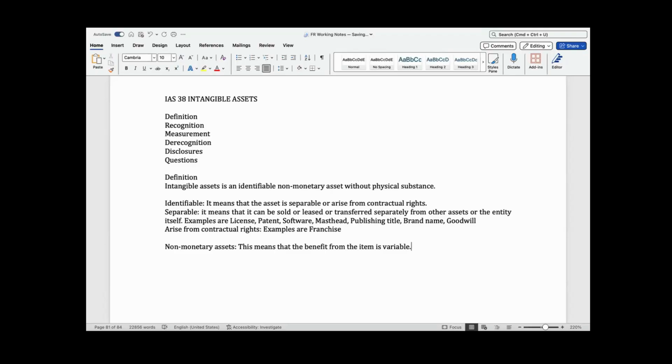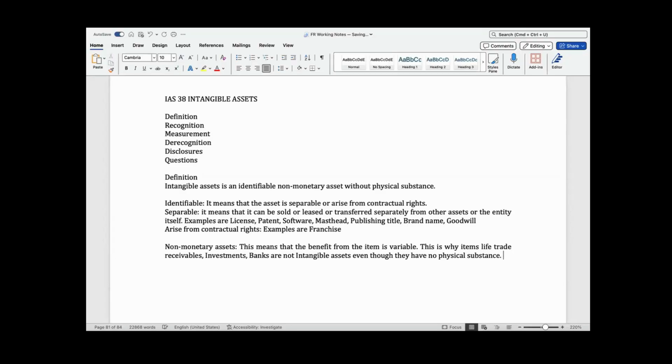That's what makes it variable. And this is why items like trade receivables, for example, items like investments, assets like bank, are not intangible assets, even though they have no physical substance.